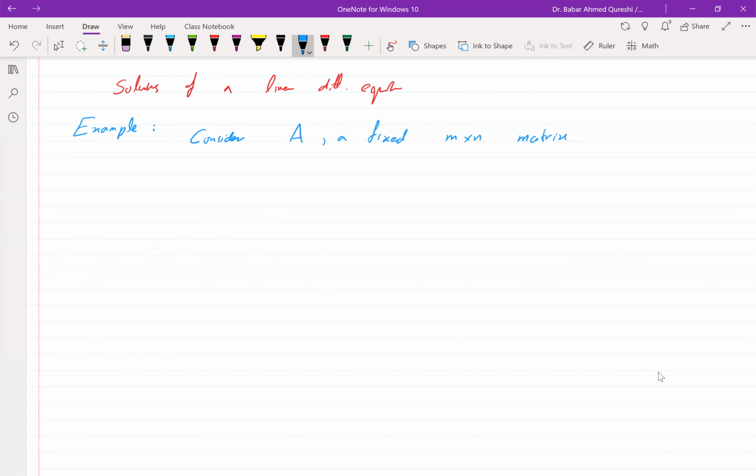It's a fixed matrix. And then I consider this set which is all solutions of this equation.